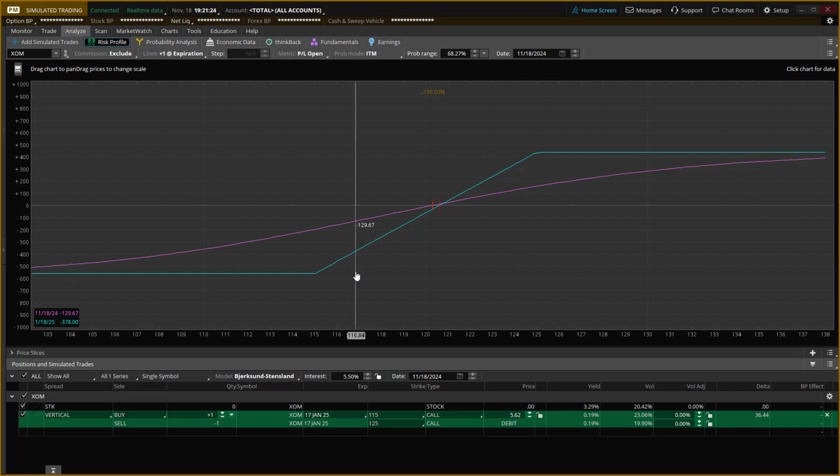It's basically the same profile for a fig leaf or a poor man's covered call, and it's the same as a calendar spread. The profile is just by using different months. Short strike. Okay, exact same profile for all of those.